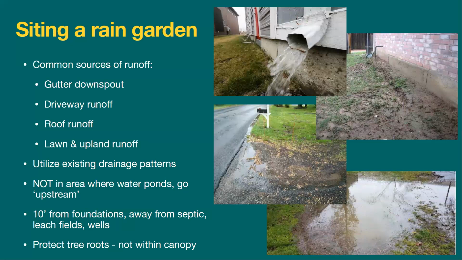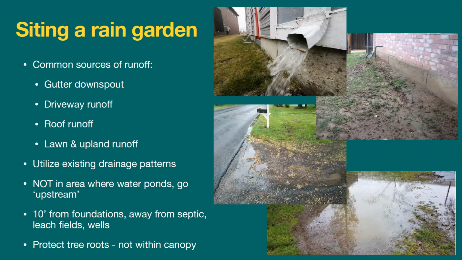Yeah, I don't know if we'll get into too much maintenance, so we can talk about that a little bit right now, but you kind of touched on one of the key features to help reduce maintenance, which is that pre-treatment forebay. Eventually with rain gardens, you have to continually be removing sediment that fills up a rain garden and can choke out plants, and also create that seal like I was talking about that reduces infiltration capacity.